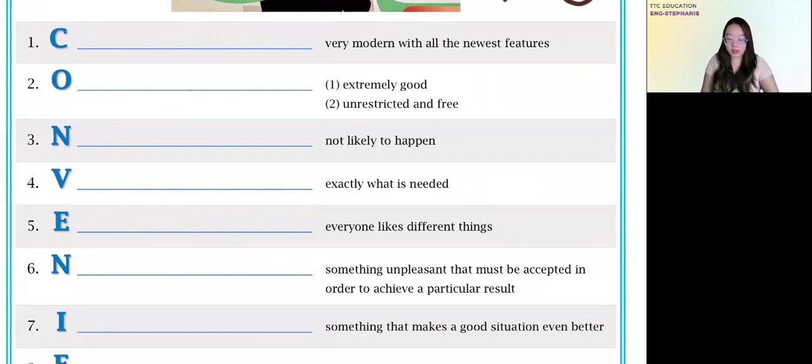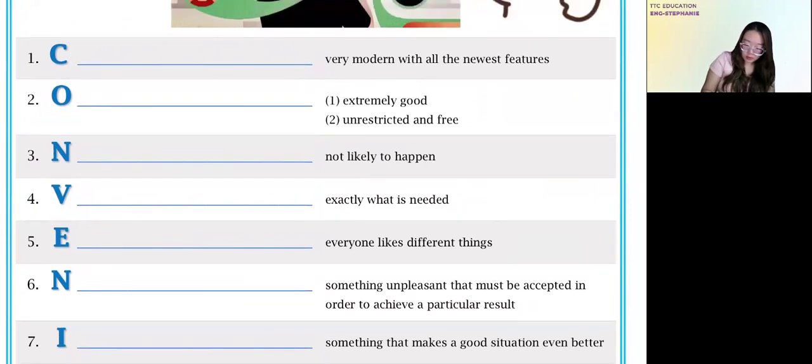So like what I've mentioned earlier, convenient is actually an abbreviation. The first word is related to very modern with all the newest features. So try to use this in your factual essay. And this word is cutting edge. Write it down.